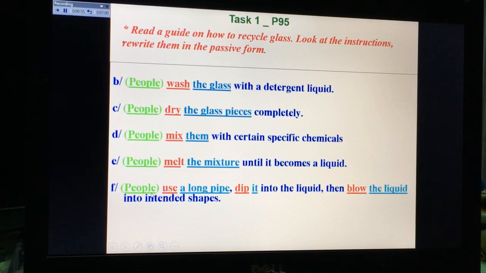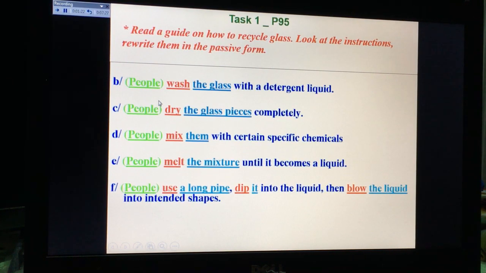Sentence F, people use a long pipe, dip it into the liquid, then blow the liquid into intended shapes. So all subjects of these sentences here are people. I put the subject for you to make it easy to change into passive.